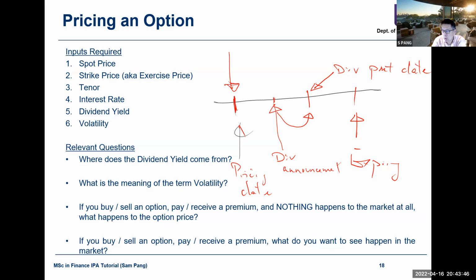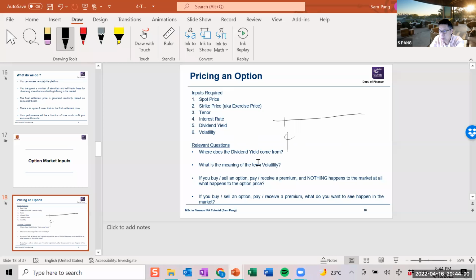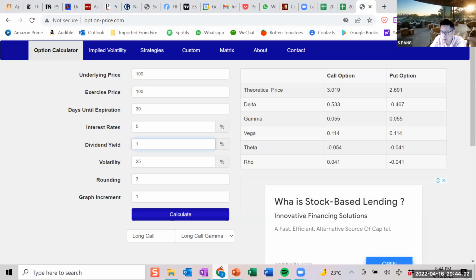Now, if you don't know, how are you going to deal with that? Well, you make a guess. You make an assumption. And that is what goes in this dividend yield field.